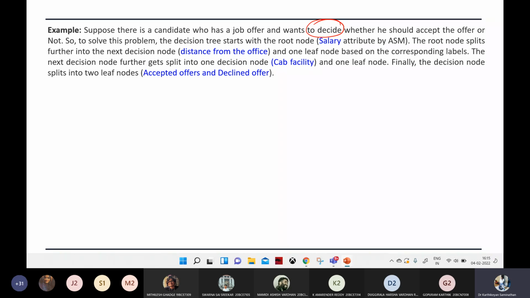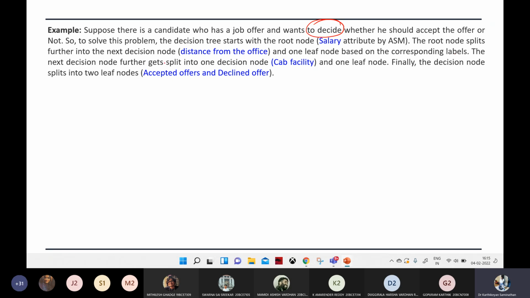To solve this problem, the decision tree starts with the root node, the salary attribute, chosen by ASM. ASM is nothing but the attribute evaluation parameter we saw in the previous slide. So the salary attribute, the root node, splits further into the next decision node, like distance from the office, and one leaf node based on the corresponding label.